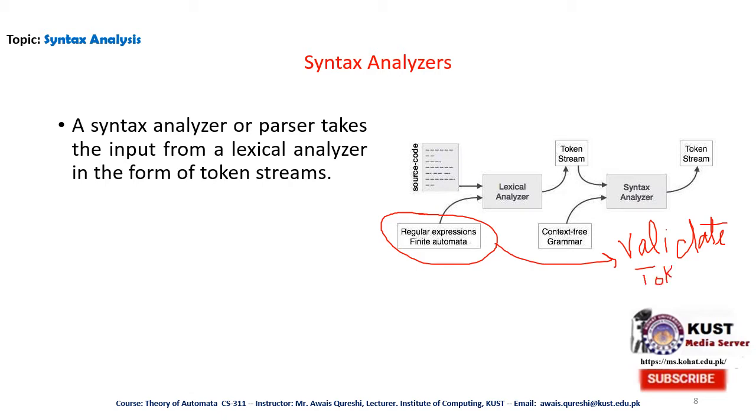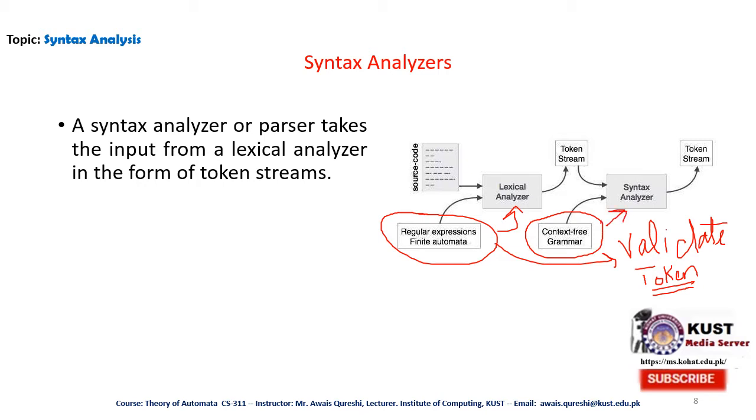We are using finite automata and regular expressions to validate the input tokens, or lexemes. We call them lexemes when we are using the lexical analyzer, and we use the word token when we are dealing with the syntax analyzer. And here you can see that we are using a context-free grammar to check the syntax of a programming language.